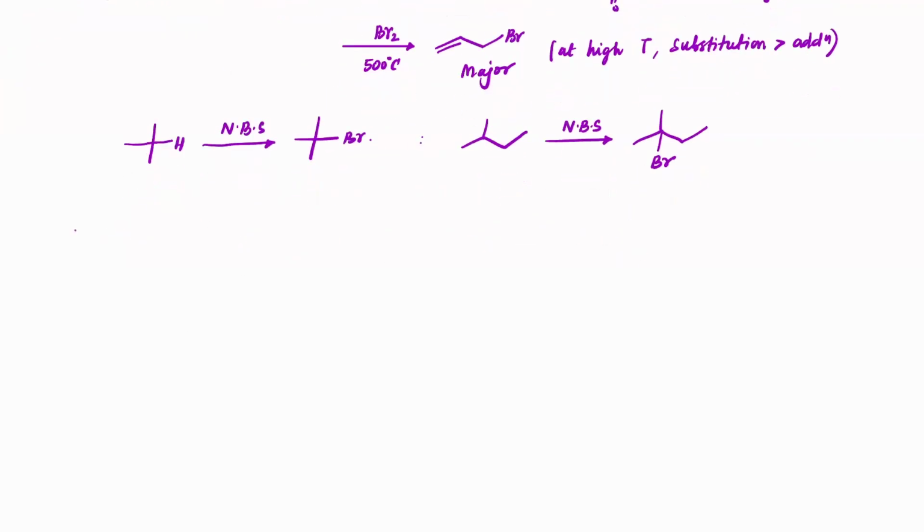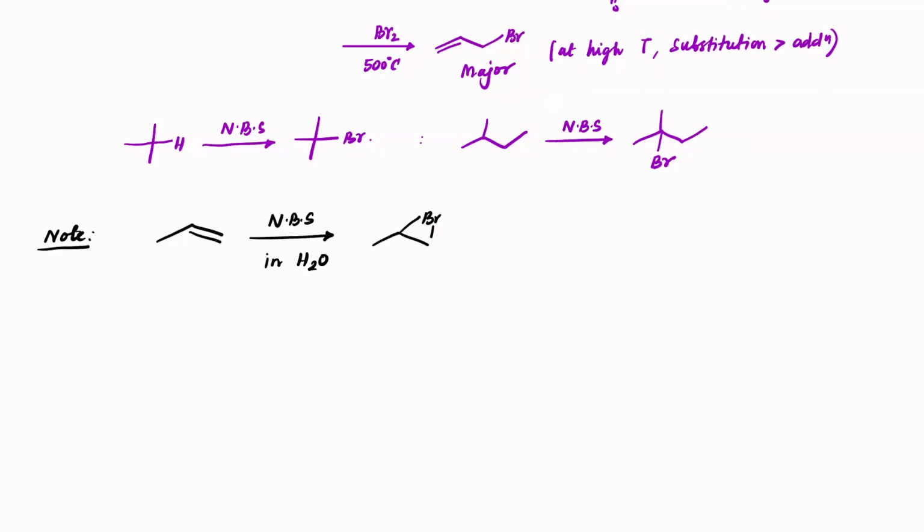Now listen, here is the interesting fact. Put it as a note here. If you have a pi bond and you are using NBS, but NBS is present in H2O, at this time it will go for addition only.